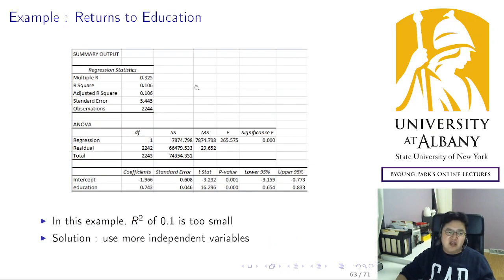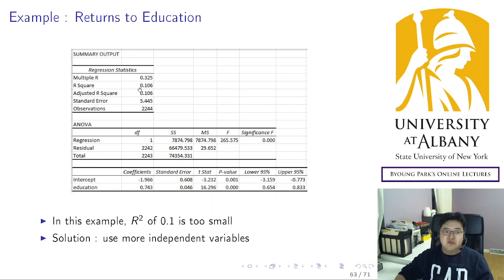But in reality, with real data, R square is only 10%. So 10%, you may think it's too small, but actually not. So think about this. How many factors determine or affect the wage? Not only education, like a lot of different skills and age, what is the occupation, what is your major, a lot of things come into effect, but one single factor, education, explains 10%.